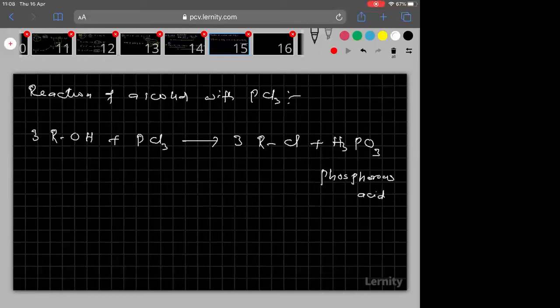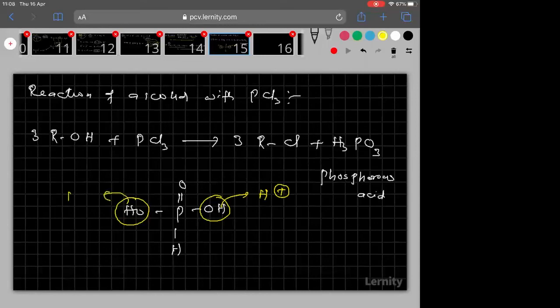Now one important point is the H3PO3 structure. Here hydrogen is bonded to more electronegative oxygen. Even here also hydrogen is bonded to more electronegative oxygen. So due to more electronegativity, oxygen will withdraw electrons from hydrogen, and hydrogen comes out in the form of H plus. Similarly, here also.